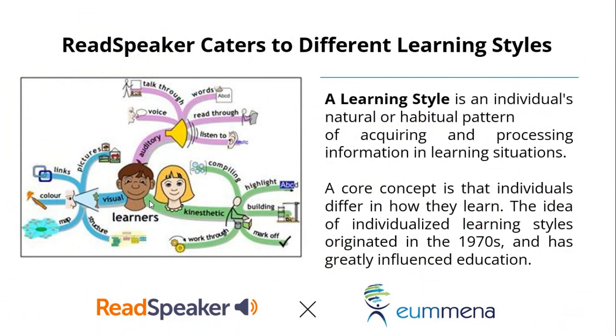Some students like to read, others to listen, and there is a large group that likes to combine both. So by using or adding text-to-speech audio to your online content, you are offering them one of the tools that makes it possible for them to choose. And this is the base of universal design for learning.